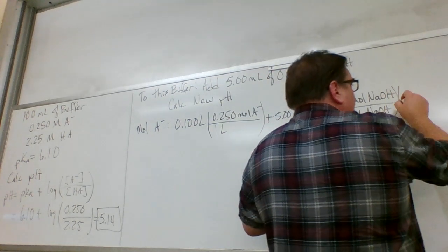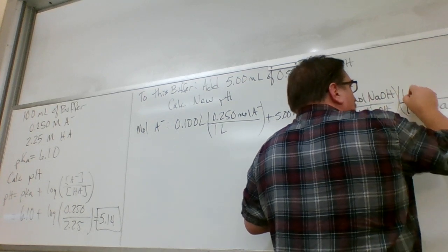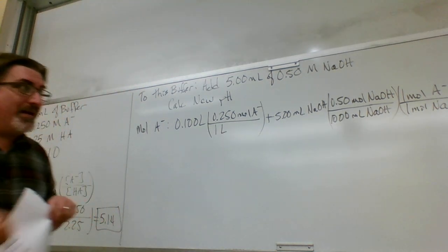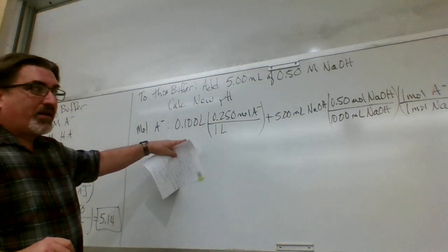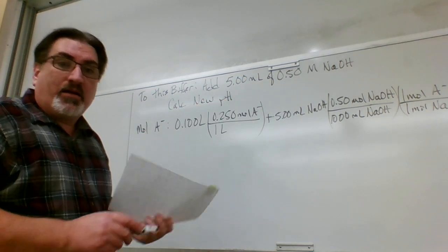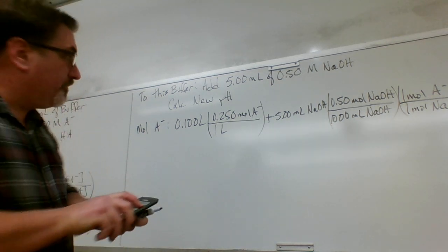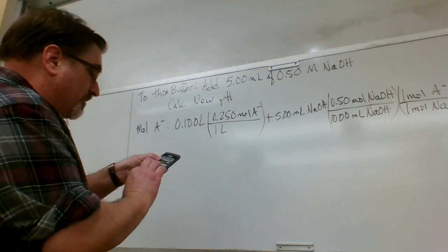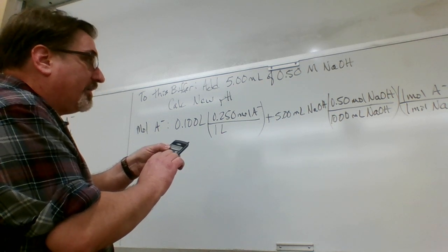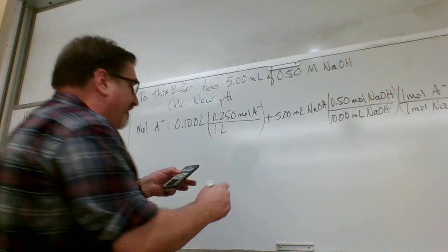For every 1 mole of NaOH, we generate 1 mole of A minus, because all of our buffers are based on monoprotic acid-base equilibria. So this calculation tells us how many moles of A minus are present after we added our 5 mL of NaOH. So on our calculator, 0.1 times 0.25 plus 5 times 0.5 divided by 1,000. So we have 0.0275.